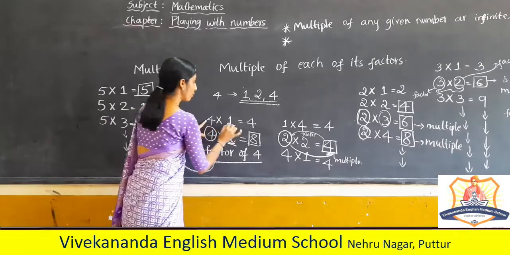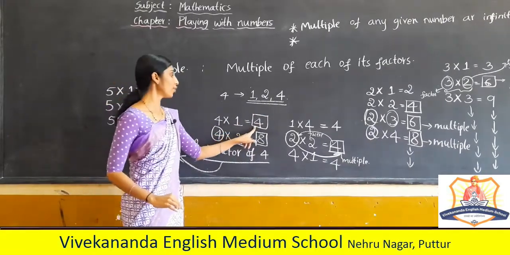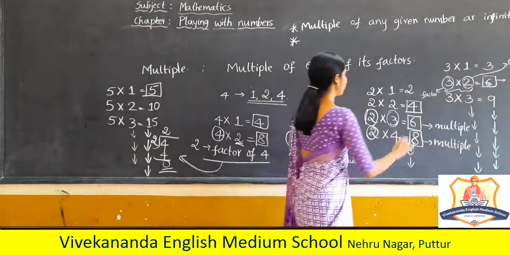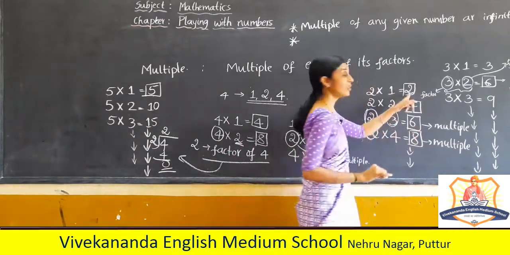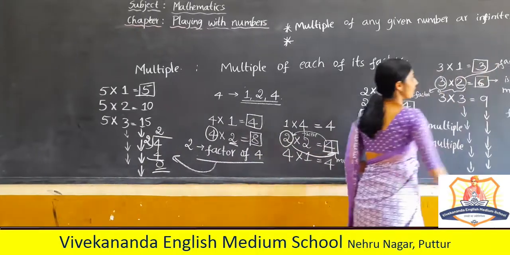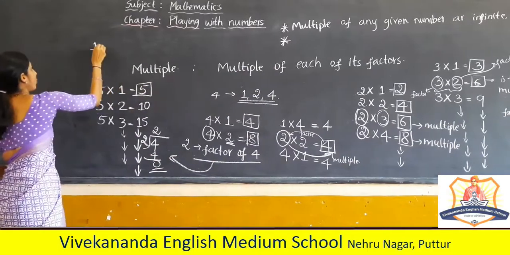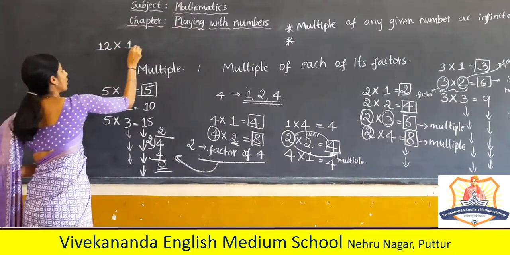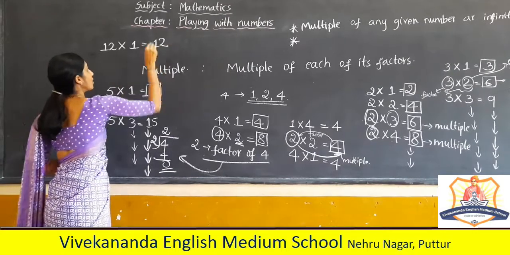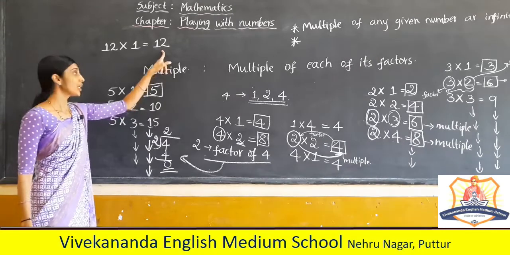Multiple of 4 starts with number 4 itself. Multiple of 2 starts with number 2. Multiple of 3 starts with number 3. In the same way, multiple of 12 starts with number 12 itself. So what did you understand?